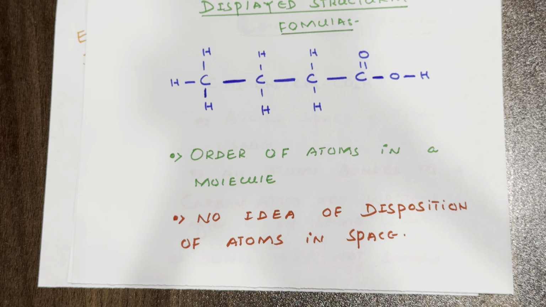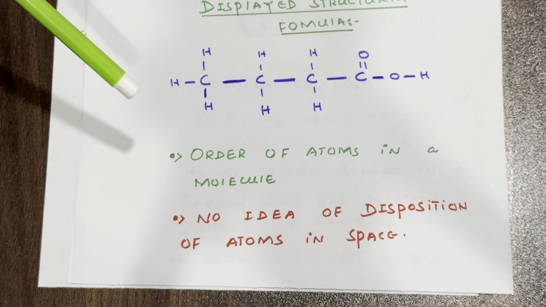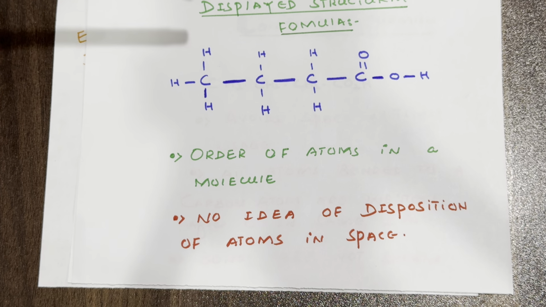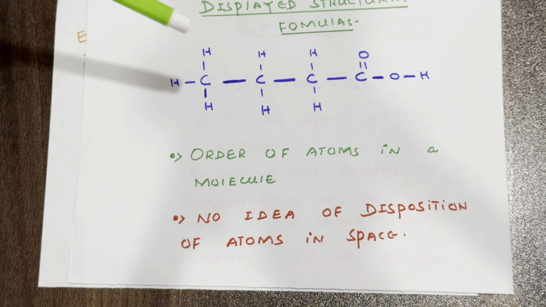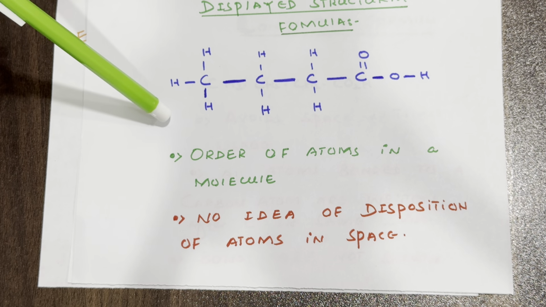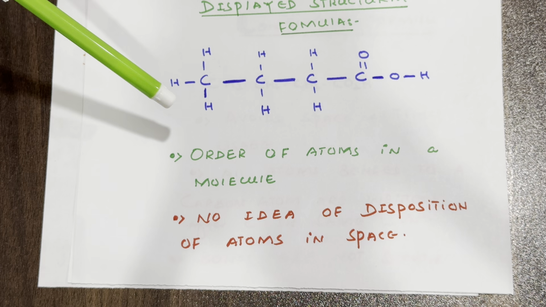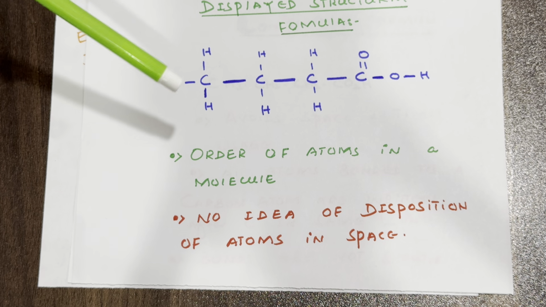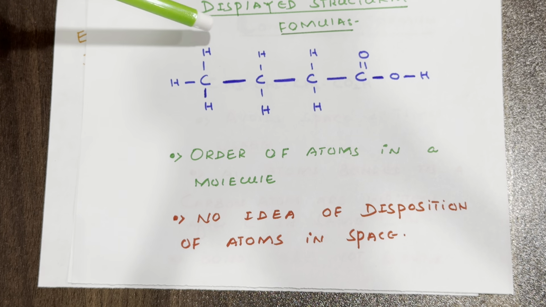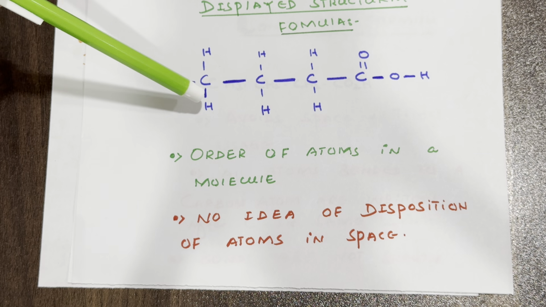The next one is the displayed structural formula. My dear students, you know that organic compounds have three-dimensional structure. So to show the three-dimensional structure of an organic compound on this two-dimensional paper is impossible. So that's why chemists have decided to write down the displayed structural formula for organic compounds.